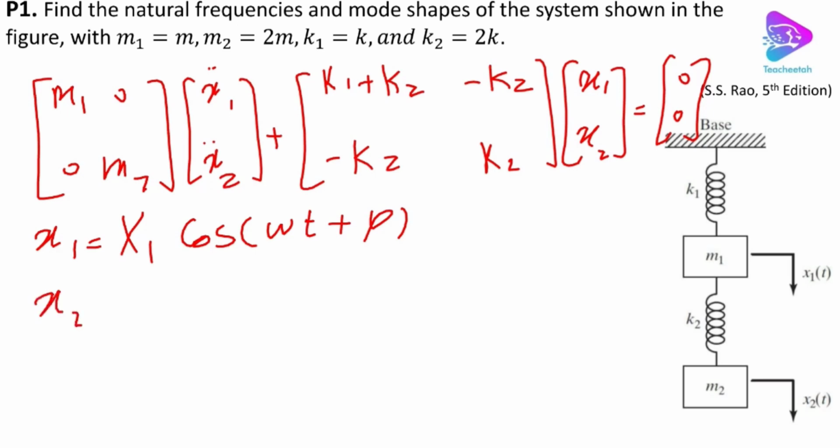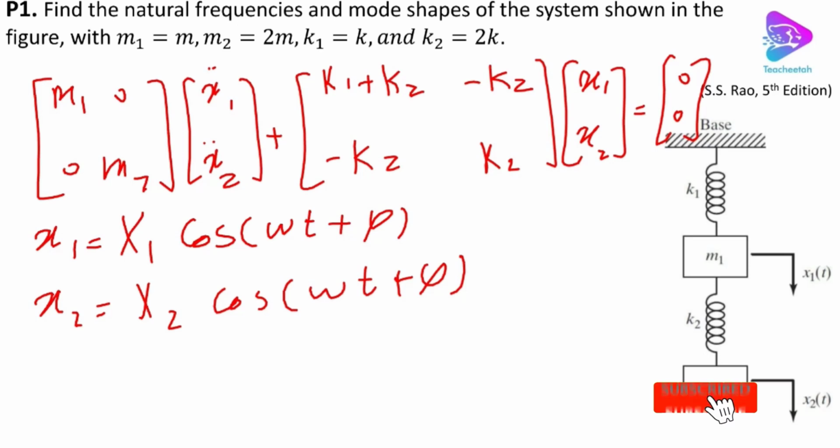And x2 equal to X2 cos(omega t plus phi). For now, omega and phi are general parameters, but in the future we find them specifically, especially omega. You will see that we have 2 natural frequencies and 2 mode shapes, and the system vibrates with first mode and second mode. So the total response is the combination of first mode and second mode for each mass.